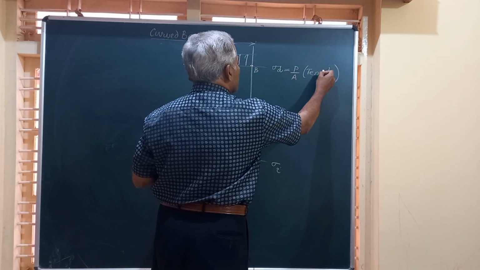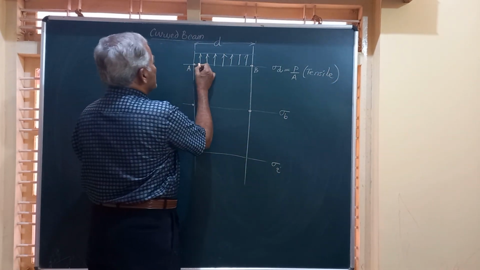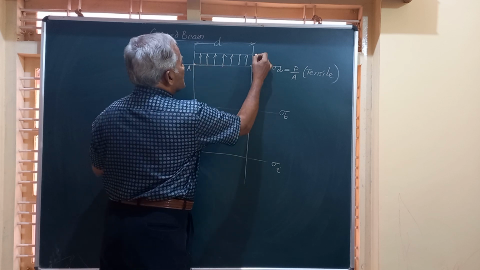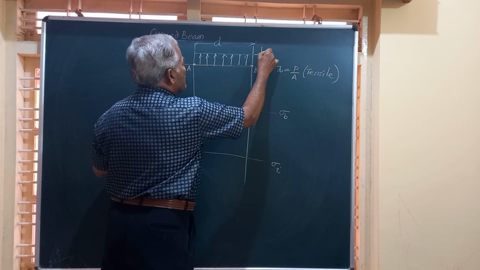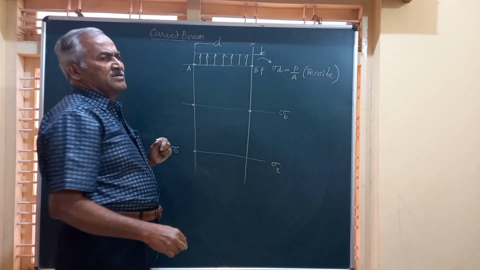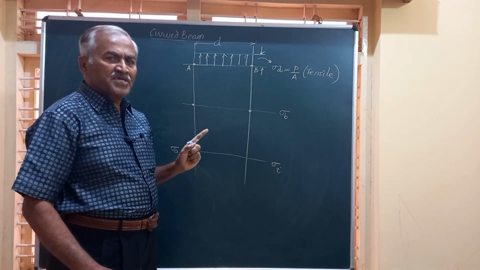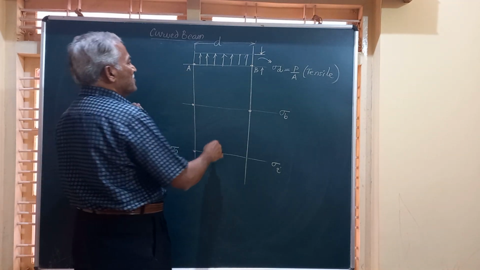So we will take up problems later on based on such concepts. So friends, here this height will give you the value of sigma d. It is constant throughout the critical section AB of the curved beam.